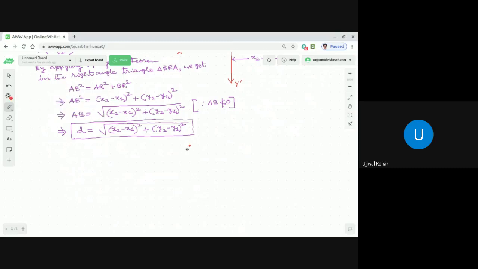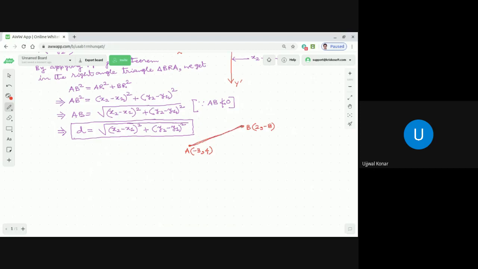One point is A. Its coordinate is -3, 4. And another point we have B, and its coordinate is 2, -8. And we need to find the distance between them, that is AB.